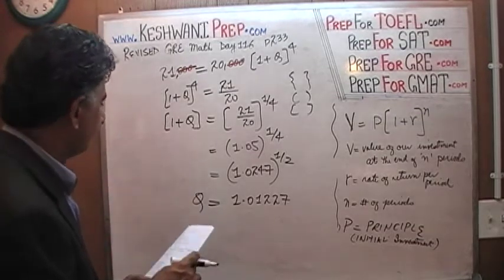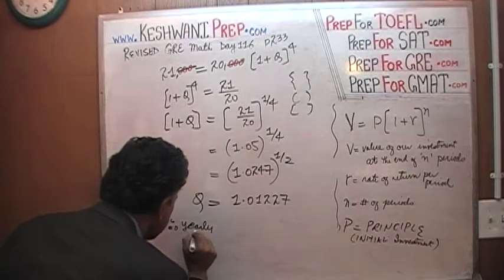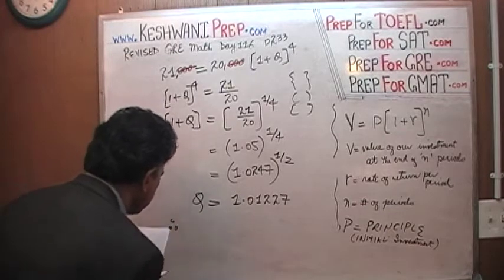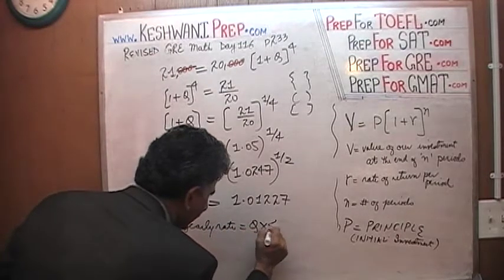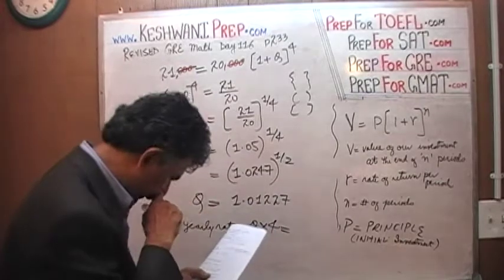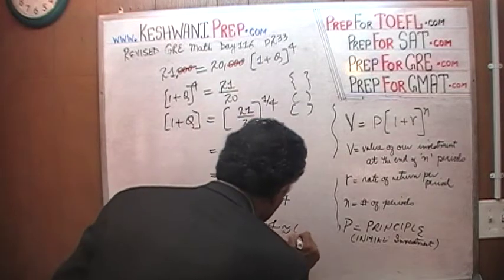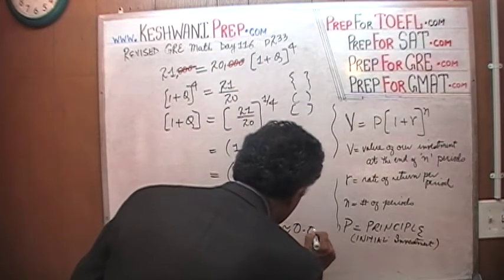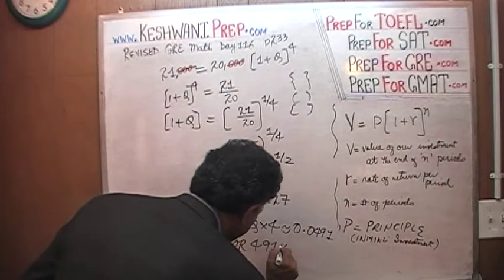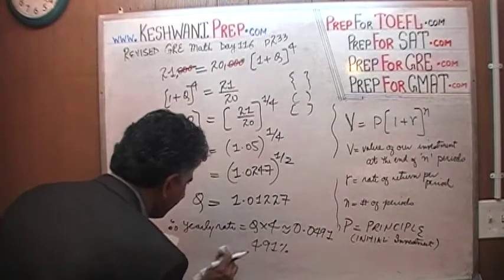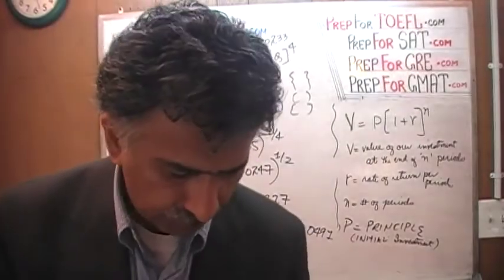Therefore, the yearly rate is q times 4, which comes out to be approximately 4.91%. That's it.